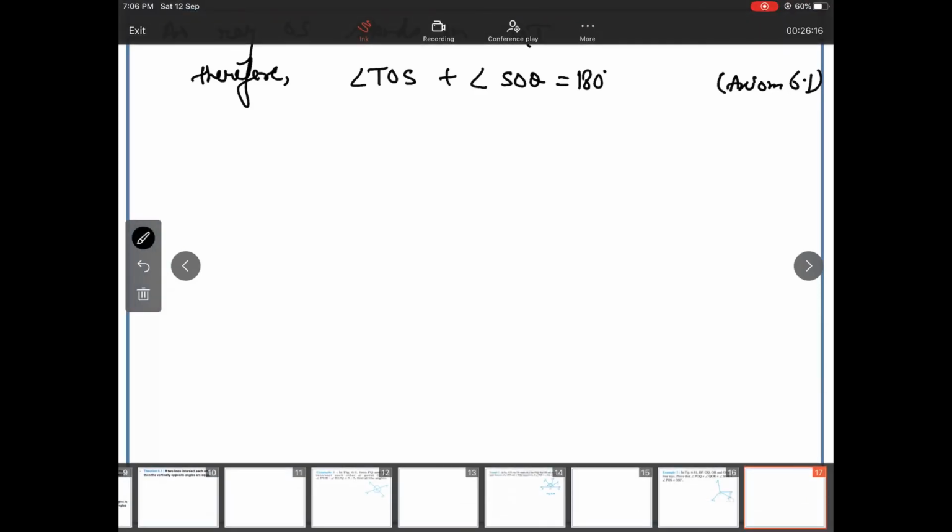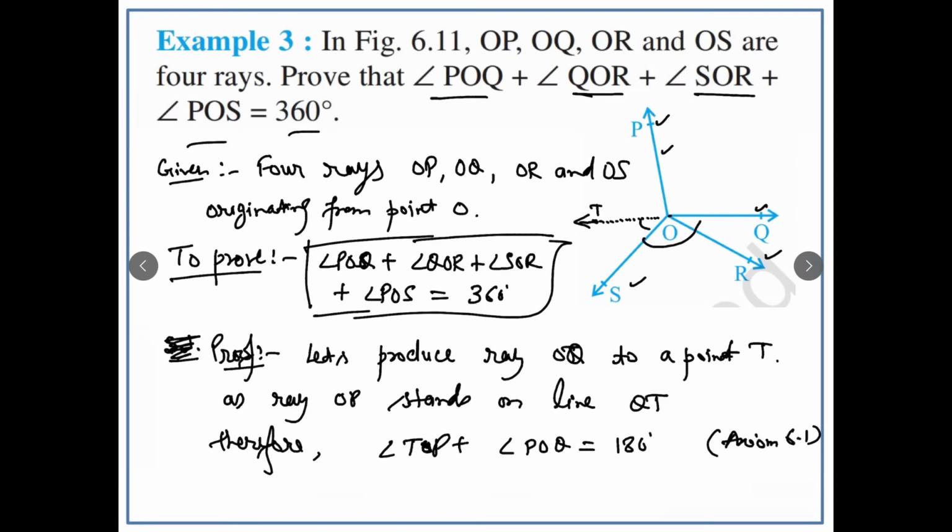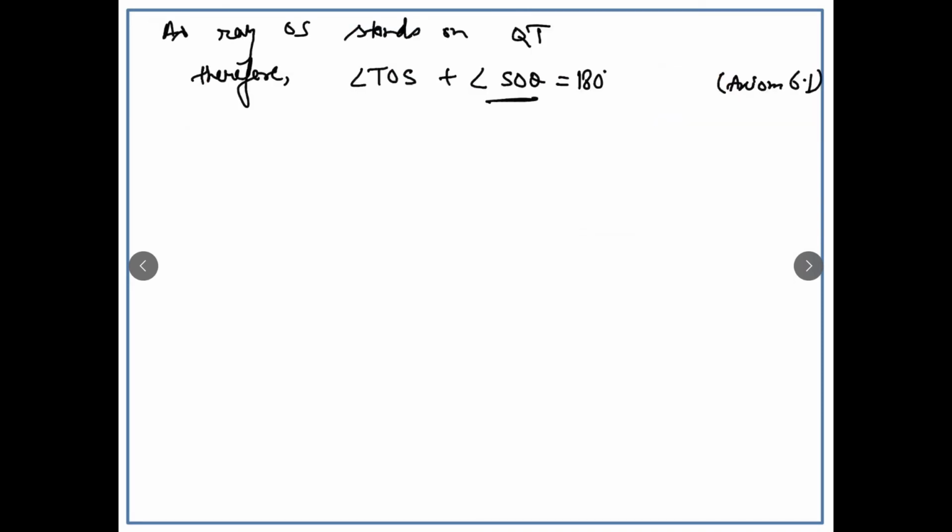Now you can see that this angle SOQ can be written as the sum of angle SOR and QOR. So in place of SOQ we'll write angle SOR plus QOR.